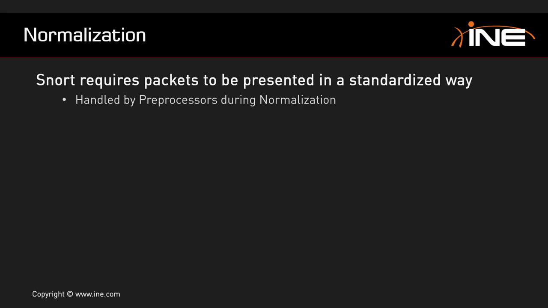The reason why we need to perform normalization of the data packets is that the other sub-engine of the next generation IPS, the Snort rule engine, is going to expect packets to be presented in a certain way. NGIPS Snort rules are written in a somewhat specific way, and they all expect a packet and its content to be presented in a standardized way. This is needed because different flows and different protocols represent data in a different way.